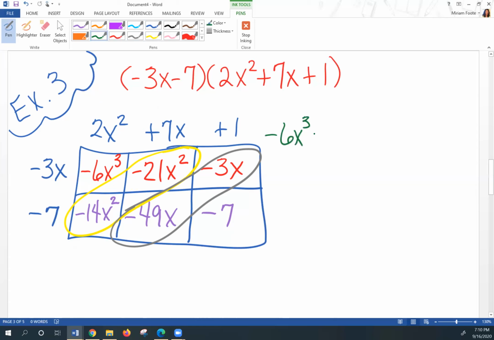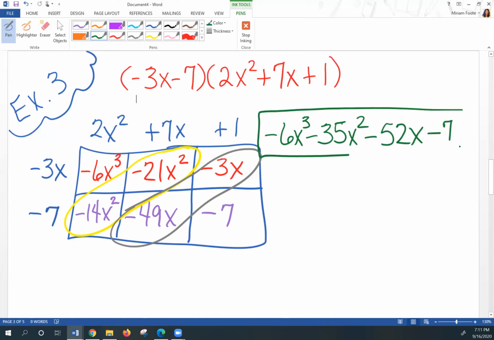And then I will have a negative 21x squared plus negative 14x squared, which is negative 35x squared. Here I have negative 3x plus negative 49x, which is negative 52x. And then I have my last term, which is negative 7. That's my final answer.